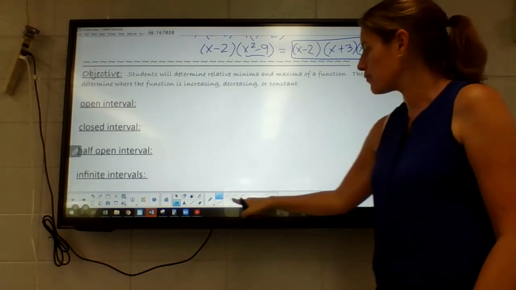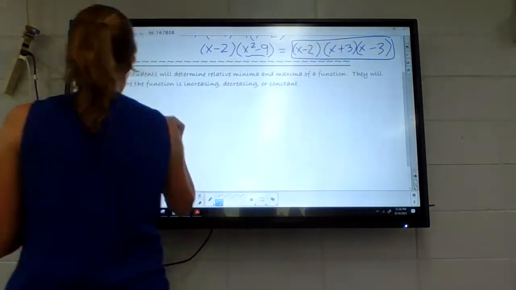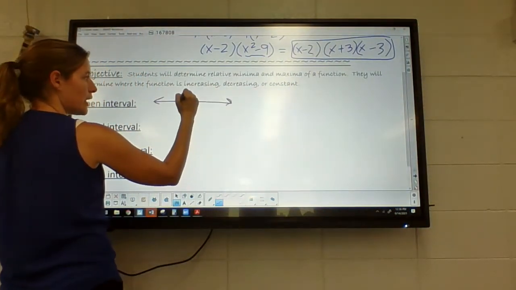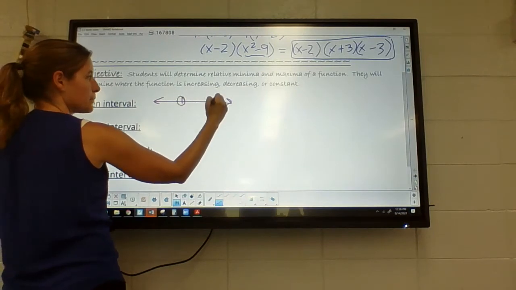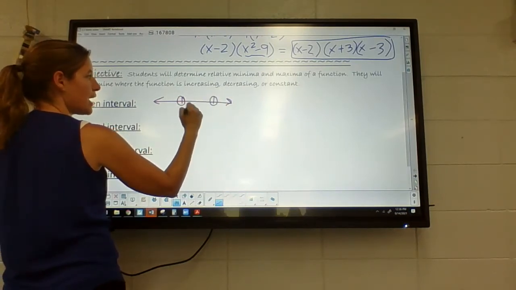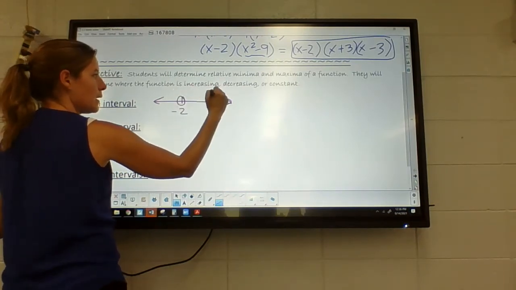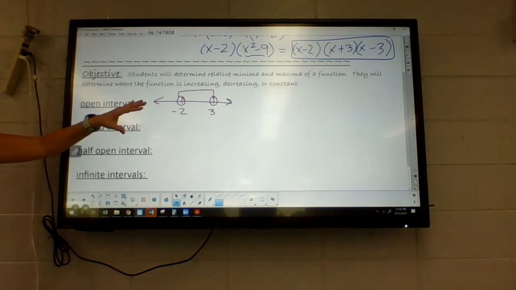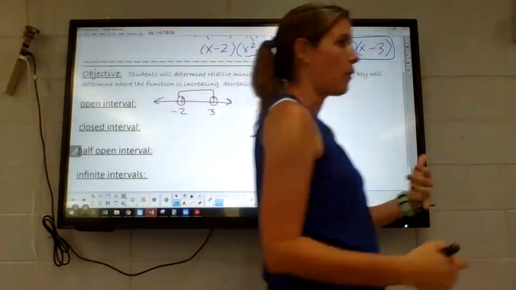An open interval is like when we have an and inequality, but the endpoints aren't included. So if it goes from -2 to 3, that is considered an open interval. It's from -2 to 3, but those aren't included. So we don't include the endpoints.